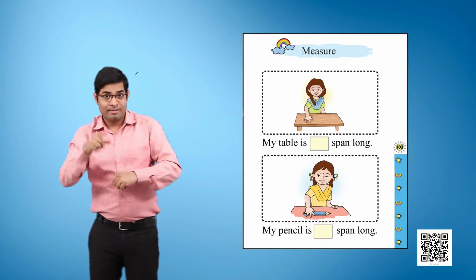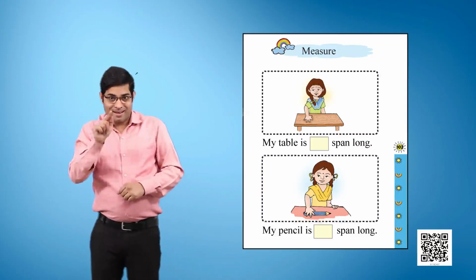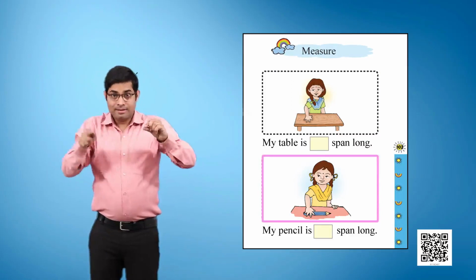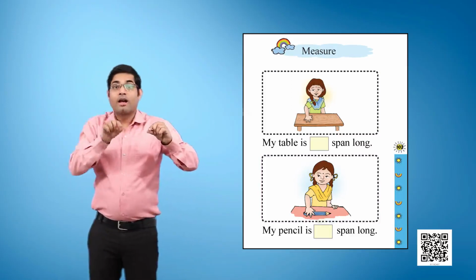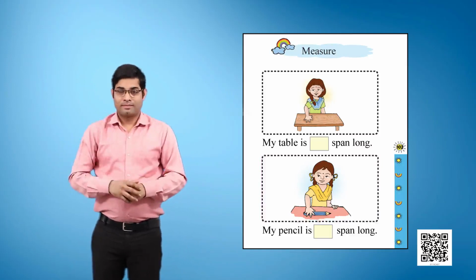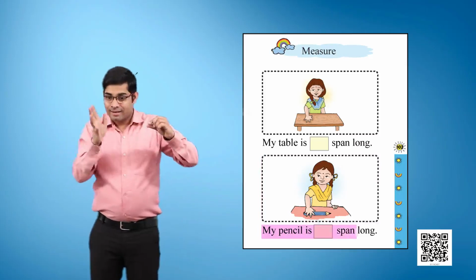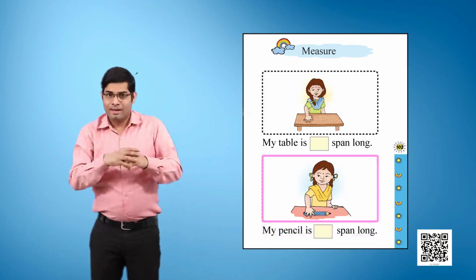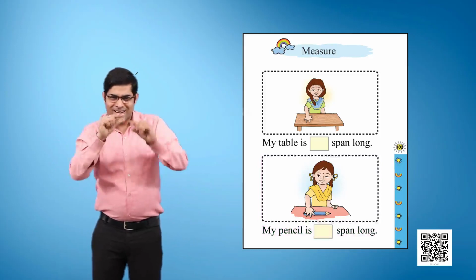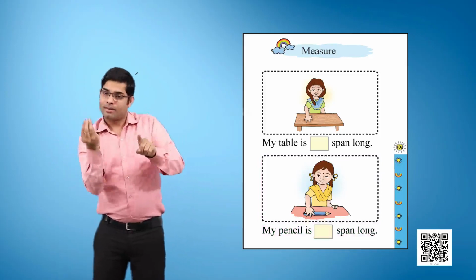Picture 2 shows a girl measuring the length of her pencil with her hand span. Question 2. My pencil is dash span long. You have to measure your pencil with your hand span and fill the dash.